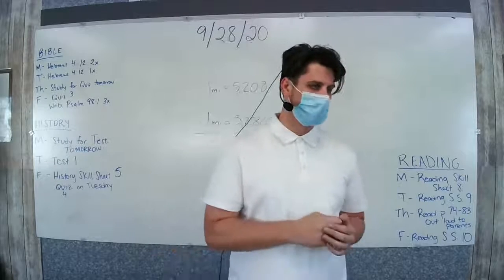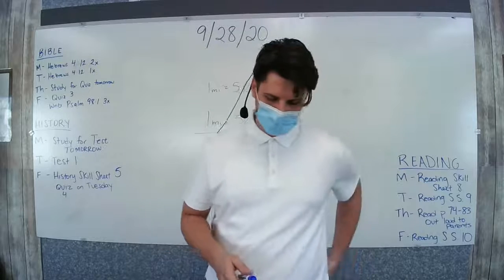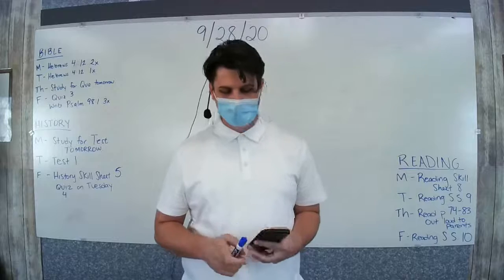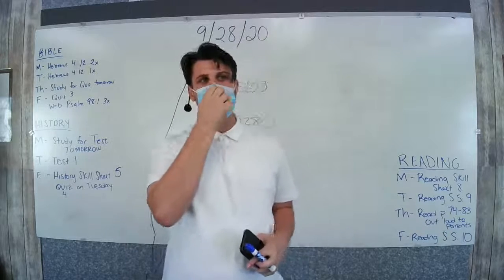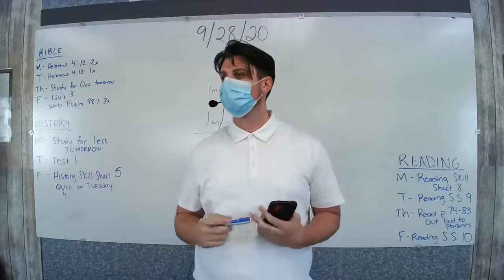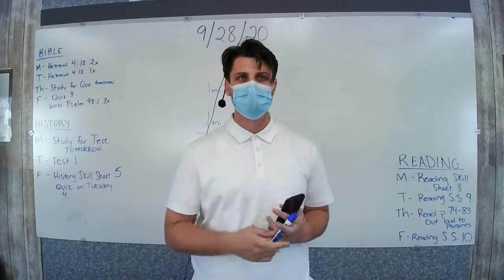Would you just multiply 76 times 4? You would do 76 times 3. So you do 76 times 3. Okay, what's 76 times 3? Work it out.